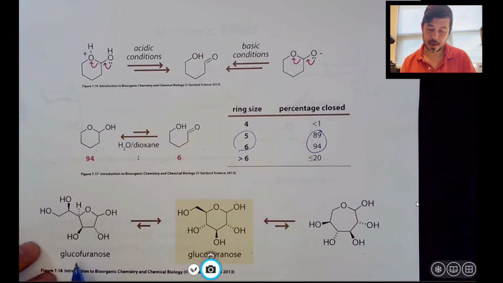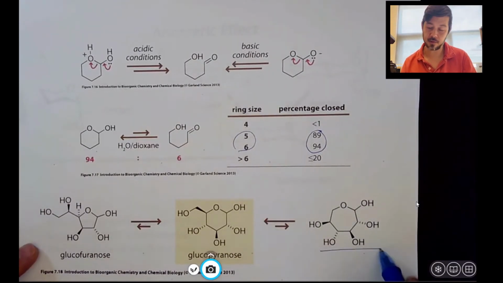And here, this is just showing that glucofuranose, which is glucose in a 5-membered ring, is just not as favorable compared to glucopyranose, which is in a 6-membered ring. Because in theory, if you take glucose, you could form a 5-membered ring, 6-membered ring, or even a 7-membered ring.